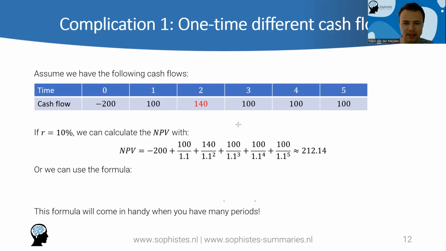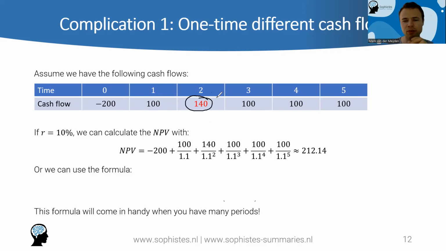The idea is as follows. You want to calculate the net present value here. And you have to make an investment of 200. Then you basically receive 100 euro each year, except in year 2.